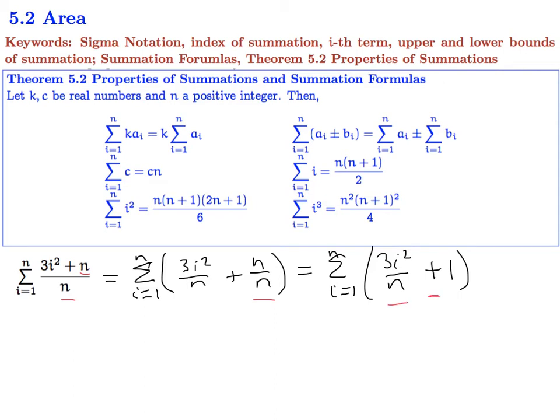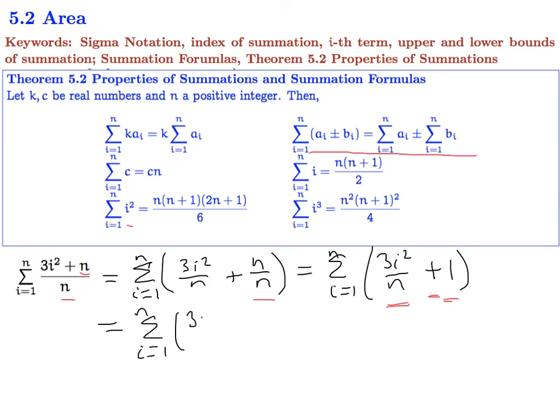I'm adding up 2 different patterns, so I'm looking at this pattern up here, which says break it up into 2 different sums, because once I break this up, I'm going to have much easier things to deal with. Our goal is always to make the insides easier, because the easier they get, the more likely we have a shortcut formula for them. So now I can break it up into 2 separate sums here.